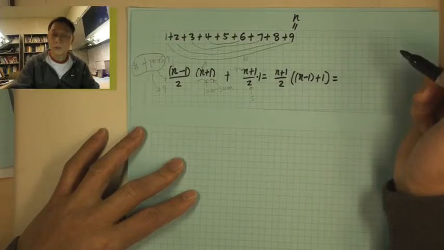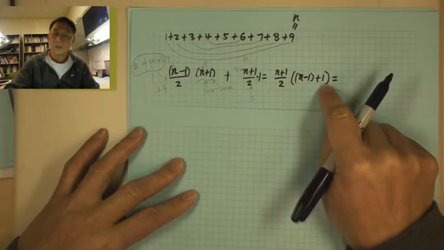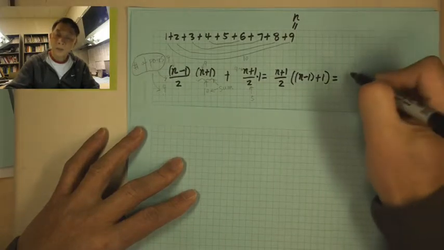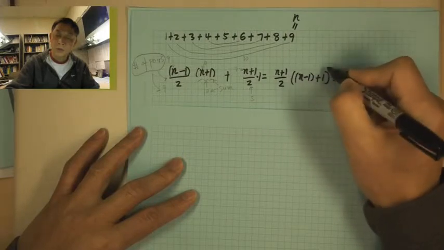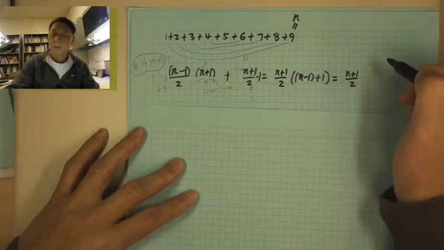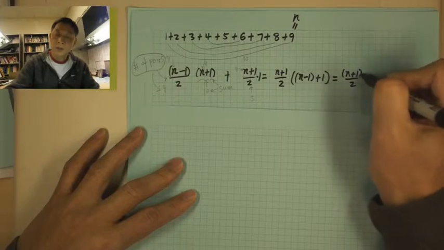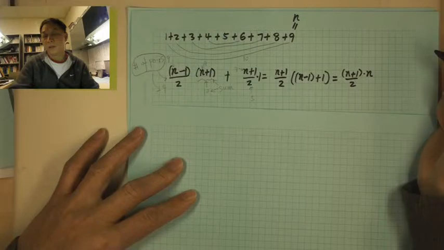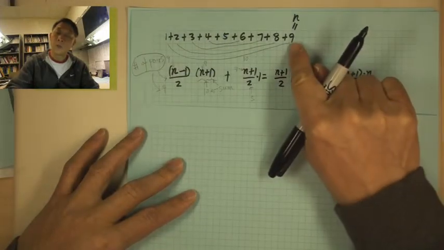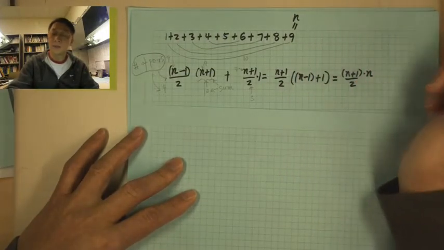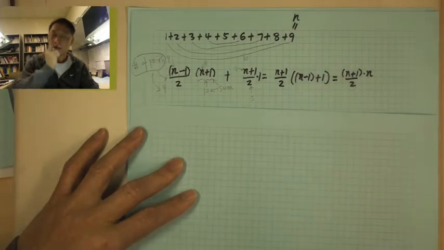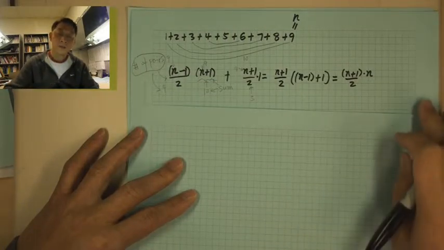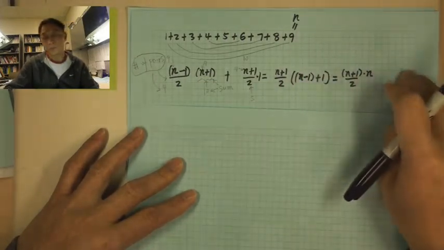Negative and positive cancel each other, and we get n plus 1 times n, divided by 2. Here n is 9, but it works also for 11, 13. You will see that pattern. So this is for n odd.